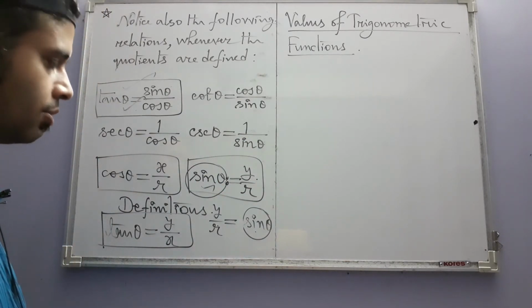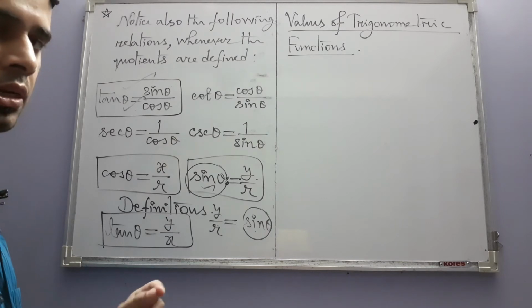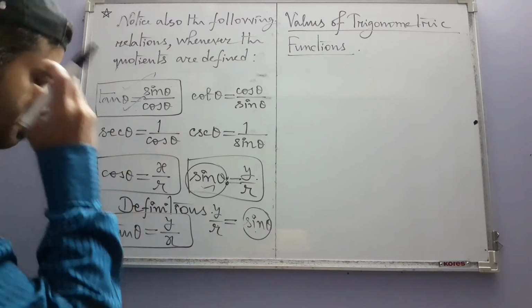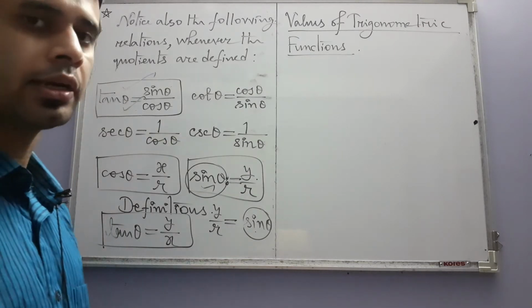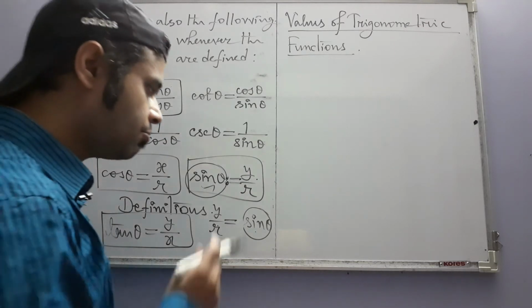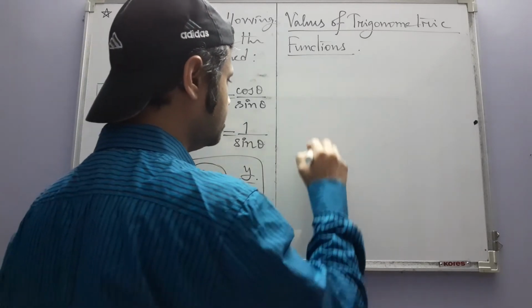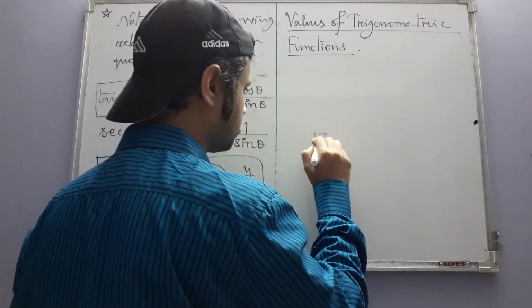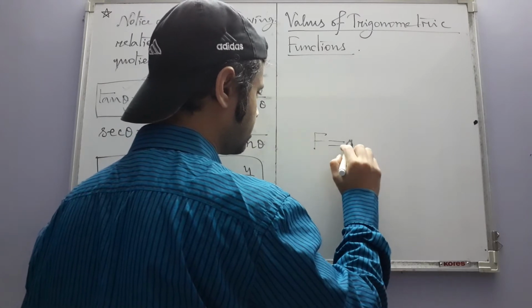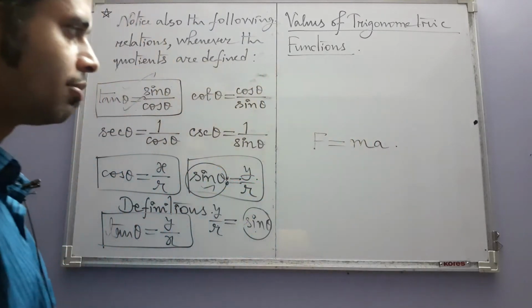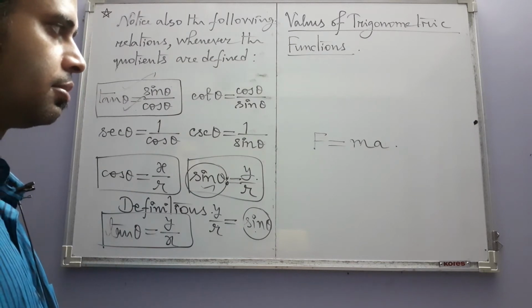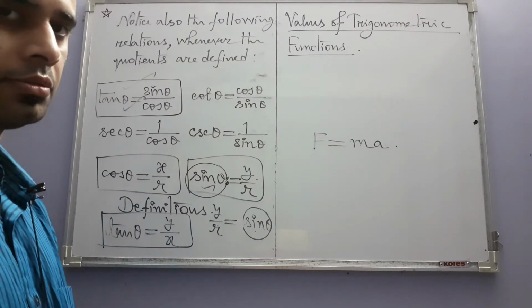Now before we go to that, let me just quickly say something else also. From classical mechanics, you are well familiar with this somewhat crude version of the second law of Newton.